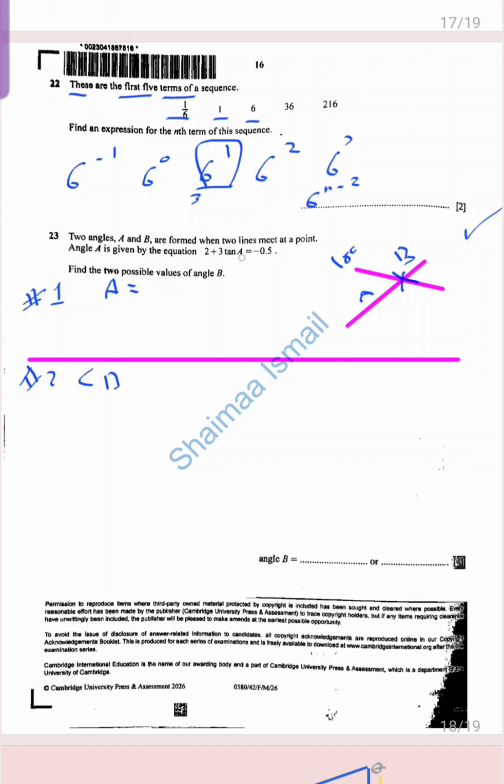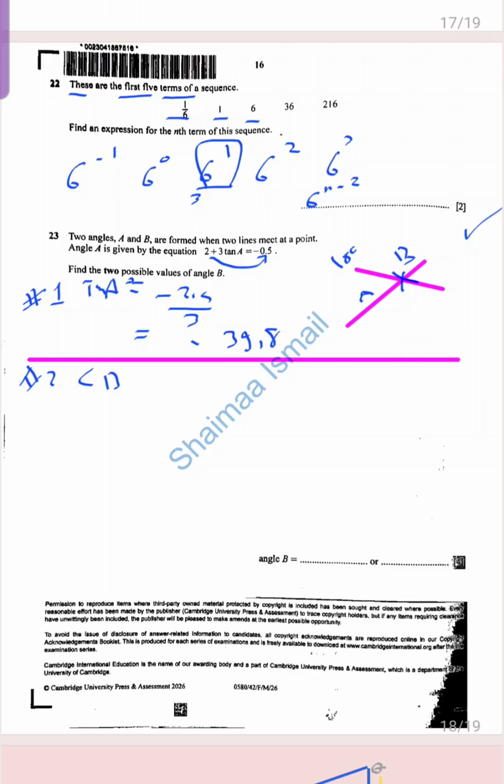So as for A here, let's say tan A will be equal to negative 2.5 when we move the 2 there, so negative 2.5 over 3. So on shift tan here you get it as equal to negative 39.8, but angles between the lines are taken between 0 and 180.